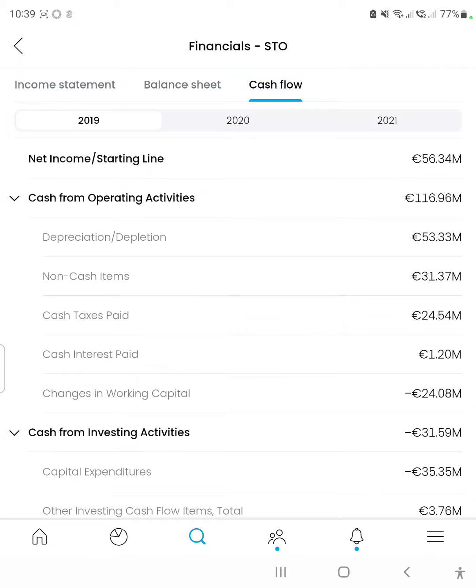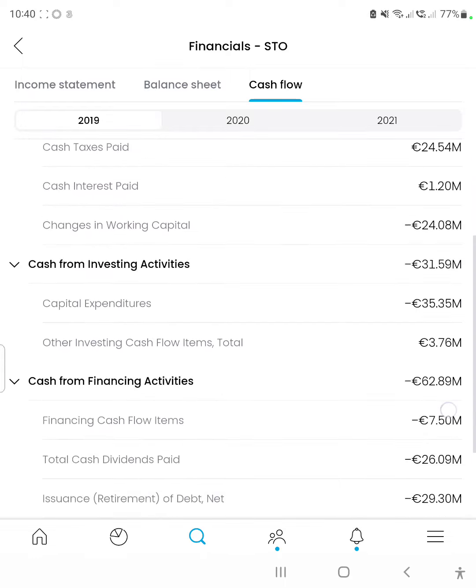The net income, which is the starting line, was 56 million euros. The cash from operating activities was 116 million euros, and the cash from investing activities was negative 31 million euros. We usually see a negative figure for the investing activities because that shows what the company has invested in. So capital expenditures took up essentially all of the investment cash flow.